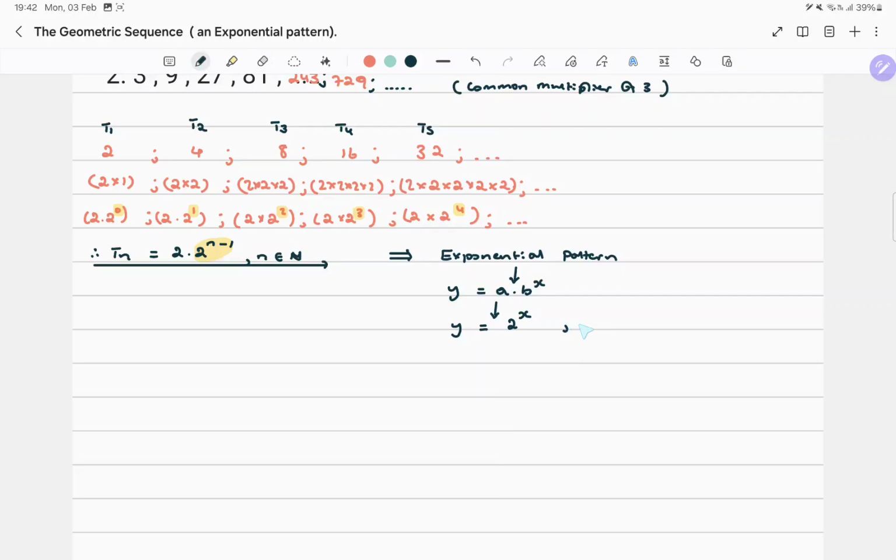Now we know here that x is an element of all real numbers. And we know that the range here, let's not even say element of, but y must be greater than 0 because this is non-shifted. So the x-axis becomes the asymptote from understanding functions.